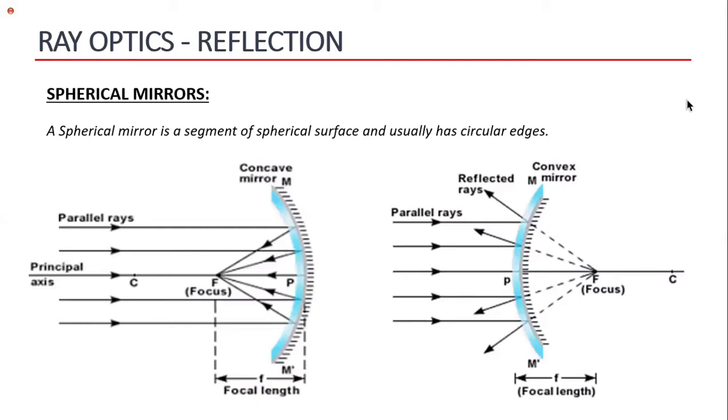Okay. So there are two cases in spherical mirrors. One case is the concave case. The other one is the convex case.